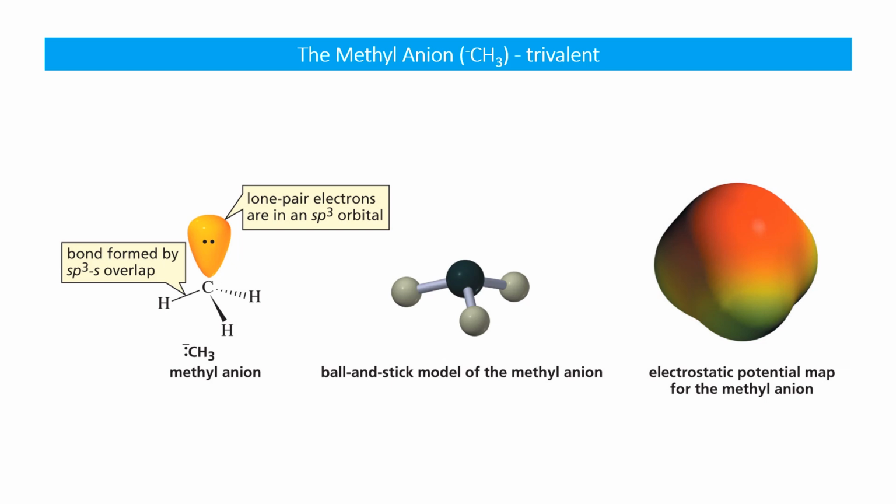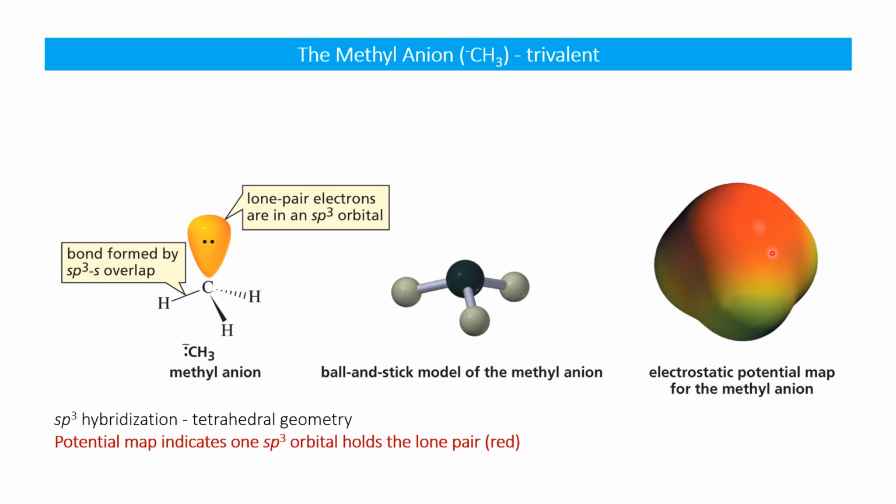Look at the methyl anion. The naked methyl anion, you can see that it's trivalent. And of course, in this case, it is sp3 hybridized. And you can see that it is quite red because of the fact that it is an electronegative species, i.e. electron rich. What about the radical species?